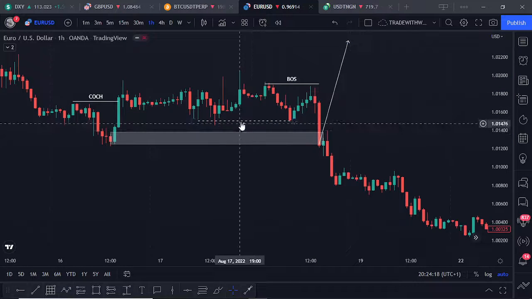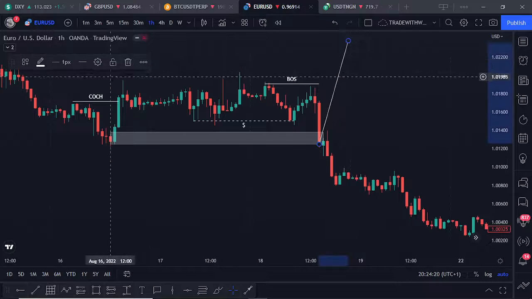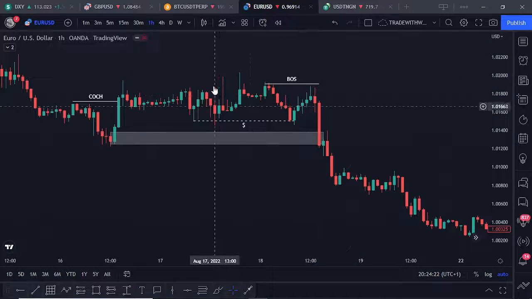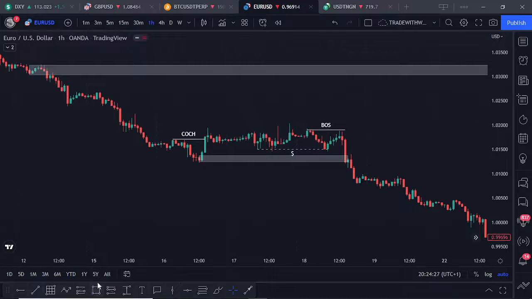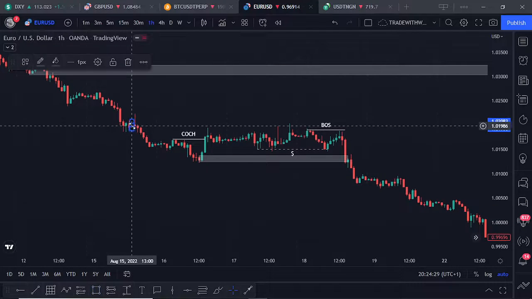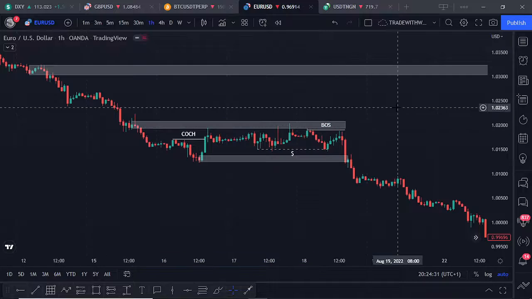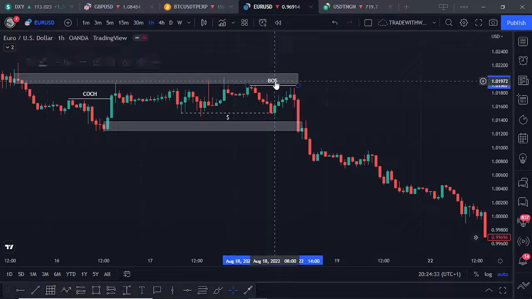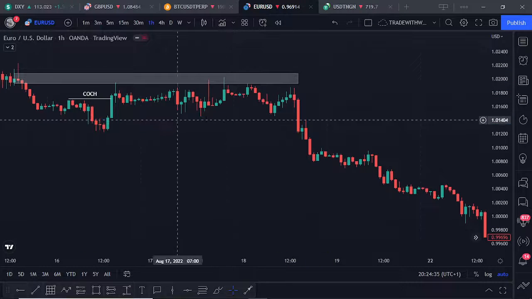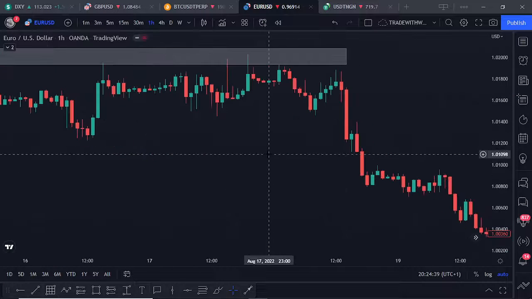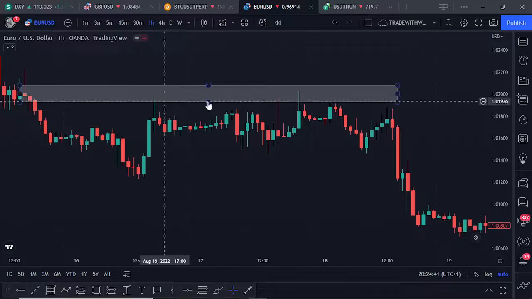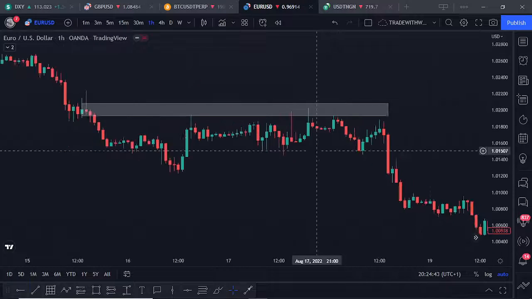Even after seeing everything. So that's why you have to be extra careful, taking extra measures so you don't get on the wrong side. And then when you look to the left, you notice that, wow, look at what just happened over here. There's a supply zone there. And you can see how the market reacted to that. You can see how the market reacted to that. So touching it once, 2 times, 3 times, 4 times, and the likes.